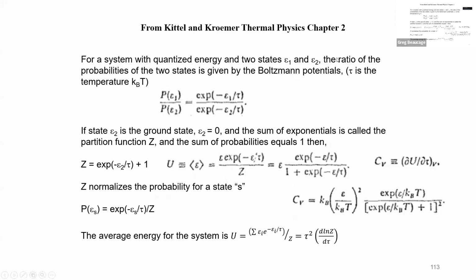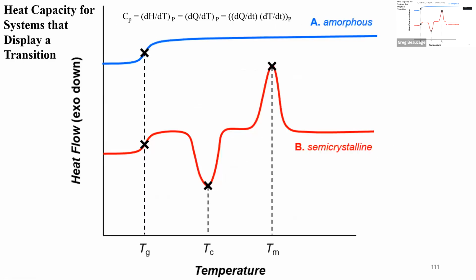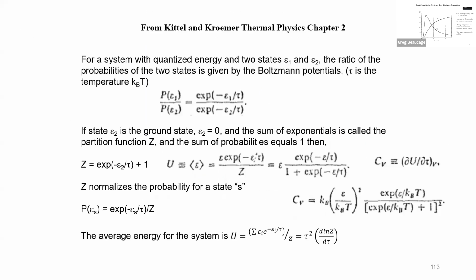This goes back to this equation, right? This is from Kittel, and he's describing why you get a peak. Why you get a peak is because it's an enthalpy absorption or release when you go through a transition, right? But basically, he's trying to draw it back to the Einstein equation, right?